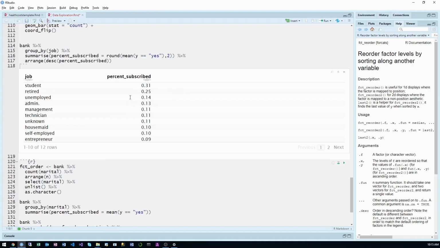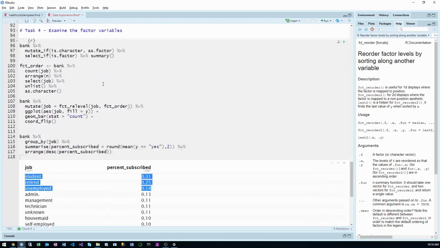And in fact, if you look, students don't have a normal income, retired people don't have normal income, and unemployed people don't have a normal salaried income. So you can see right there, there's more information that you can gather by looking at the table rather than looking at this bar graph.